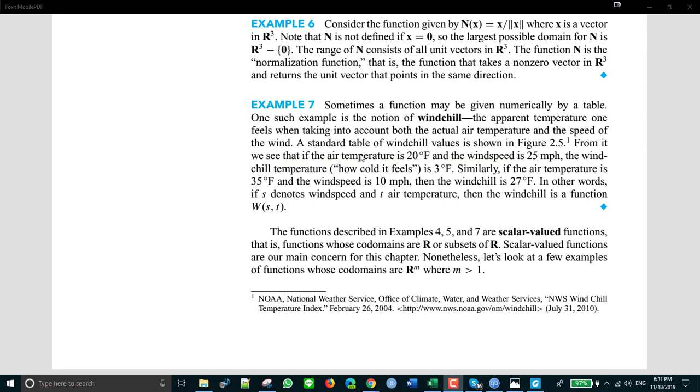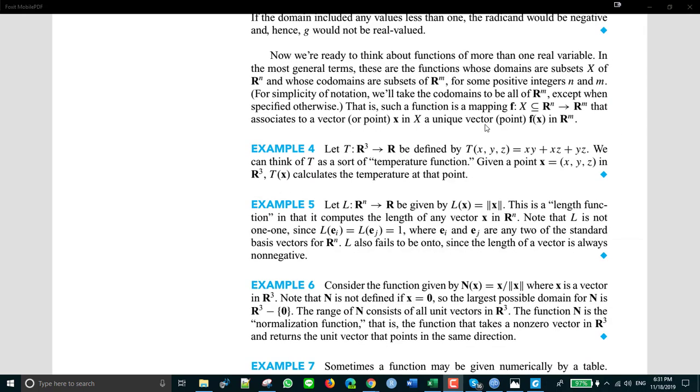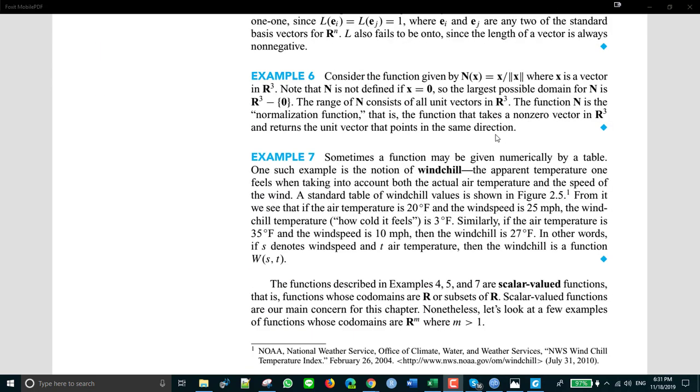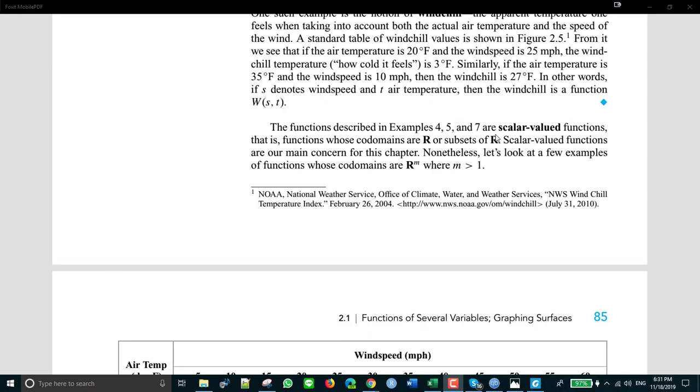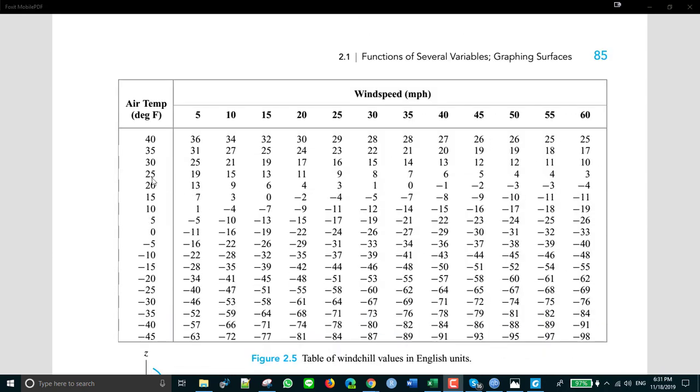Okay, example 7 points out that a function can be given by some kind of formula like we had here, or here, or here, or x squared. Sometimes we explain what the function is by means of a table. So here is a function where we put in the temperature and the wind speed.